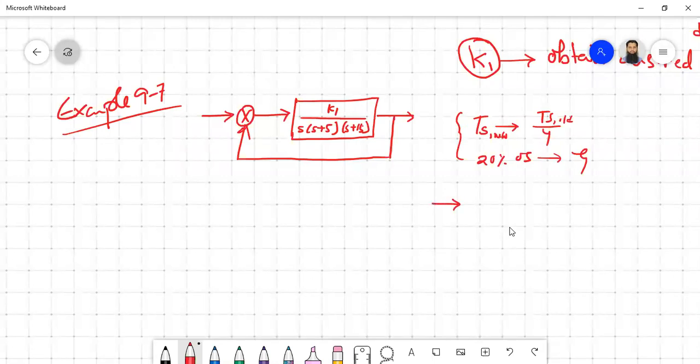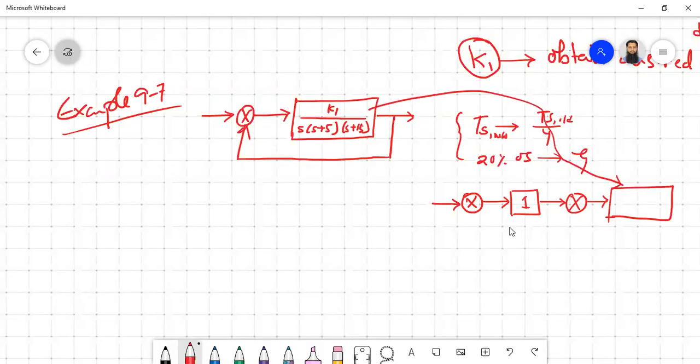The configuration says that you have to implement this. The value of K is also given, which is 1, and then you have the transfer function. I'm not writing it again. So this G(s) will be coming here.